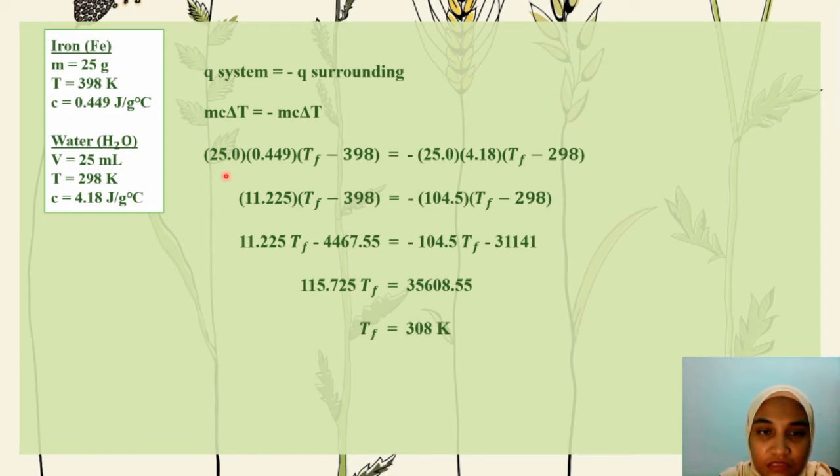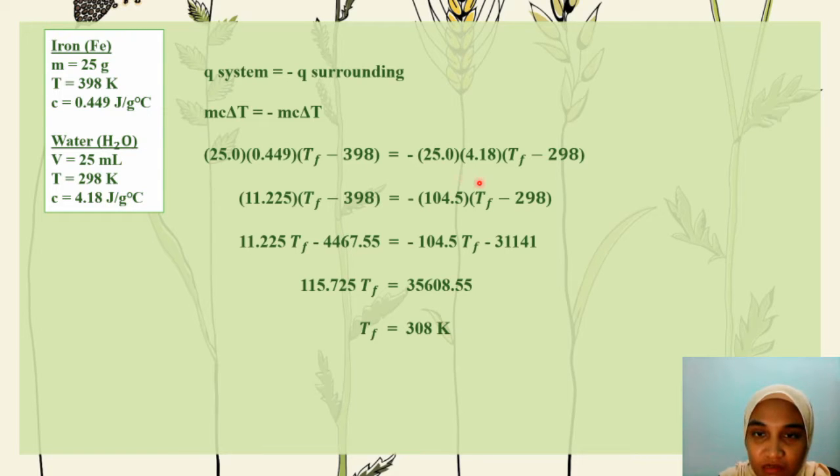The mass of iron 25 times 0.449 times the final temperature of iron minus 398 equal to negative mass of water 25 gram times 4.18 times the final temperature of water minus 298. So lastly, we got the answer for the final temperature, which is 308 Kelvin.